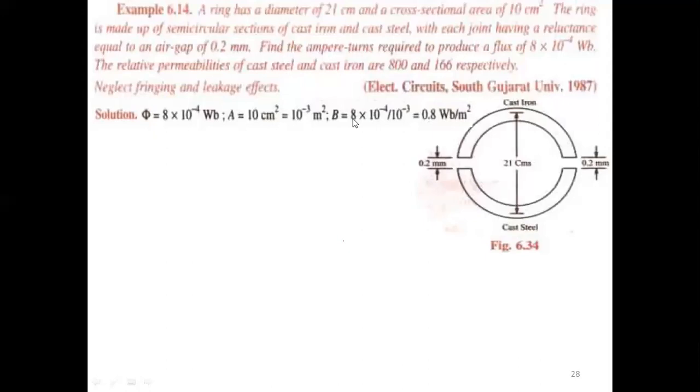This is cast steel. For steel it is 800, for iron it is 166. Mu R he has given here. So you calculate S. After that, phi is given here. Multiply phi and S and you'll get the MMF of this one. Calculate the reluctance of this one and multiply by phi.